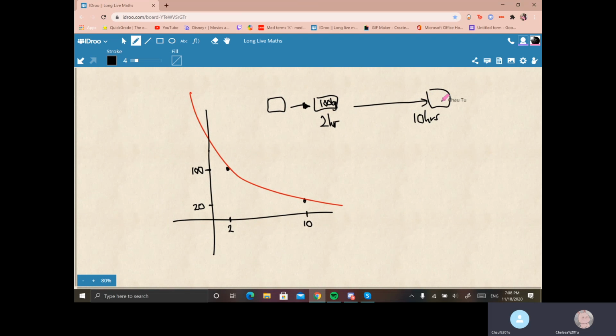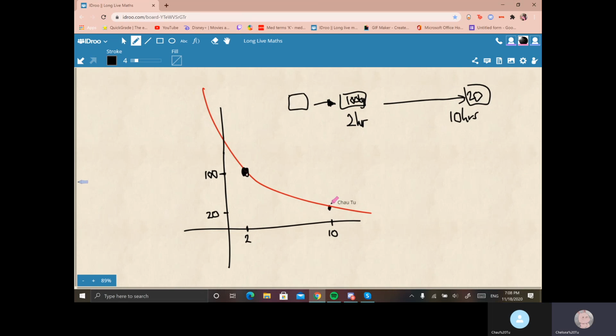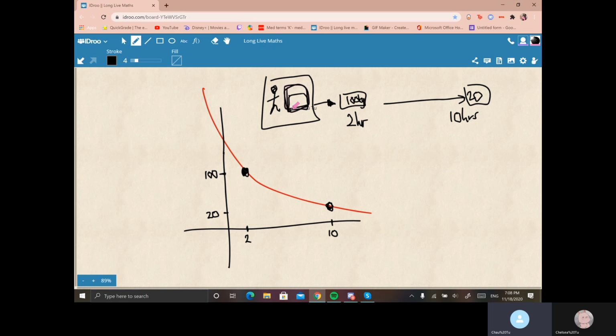Can you repeat in a simpler way? Okay, this is Chelsea here doing some sort of experiment, and this is the mass of our metal block. Let's just imagine it's a metal block.